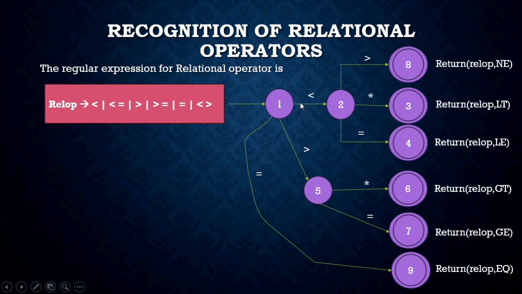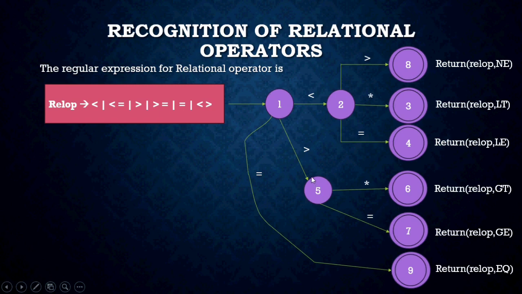Now we again move to state number 1. In state number 1, when we apply a greater than symbol, and in state number 5 it is not followed by any other symbol, then we move to state number 6, and that symbol is called the greater than symbol.